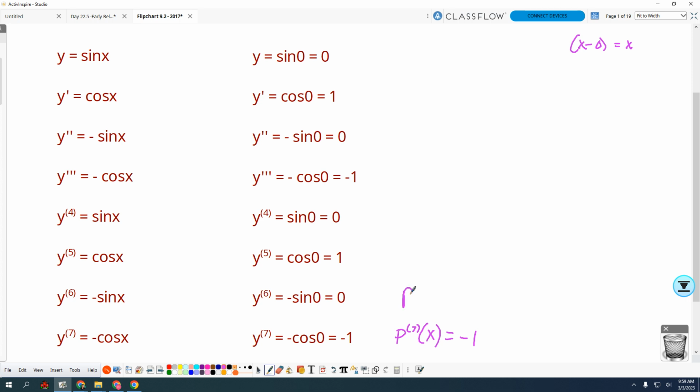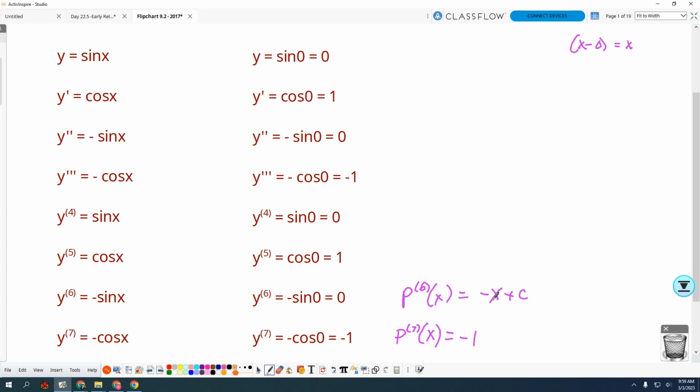So Luke, integrating this up, what is the integral of -1? Negative x, and then plus c. How do I find c? Well, at 0, I wanted this to have the same value.